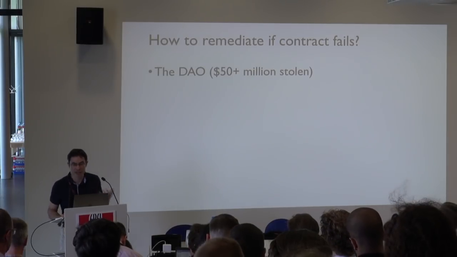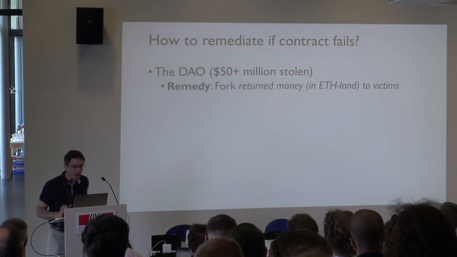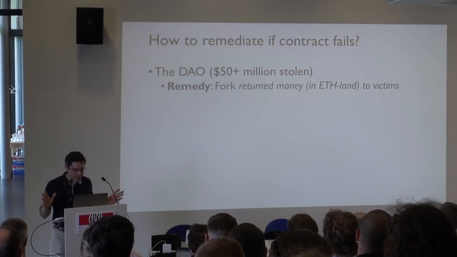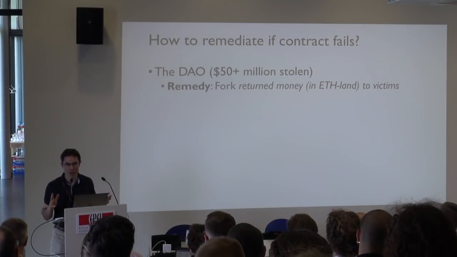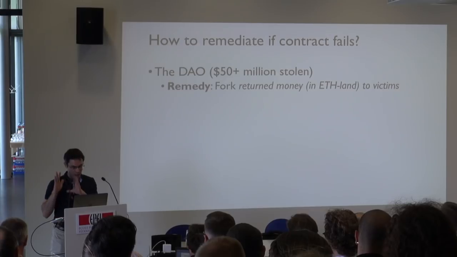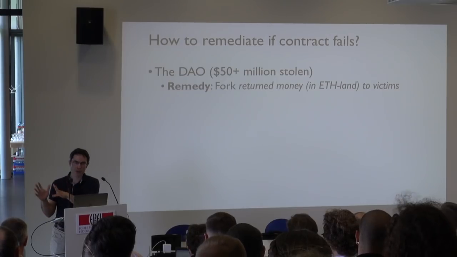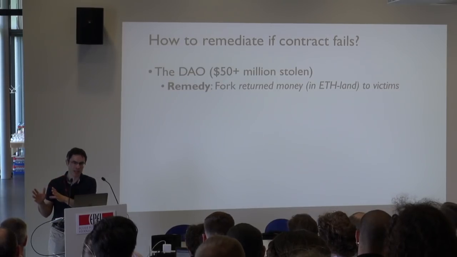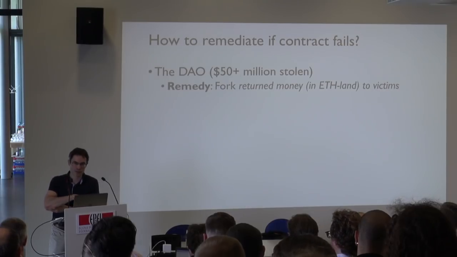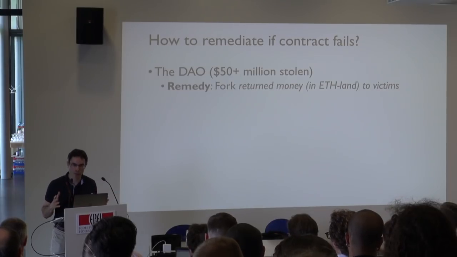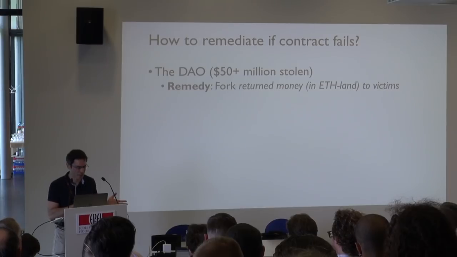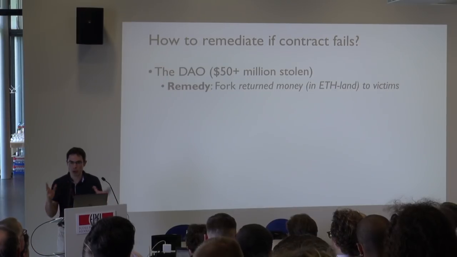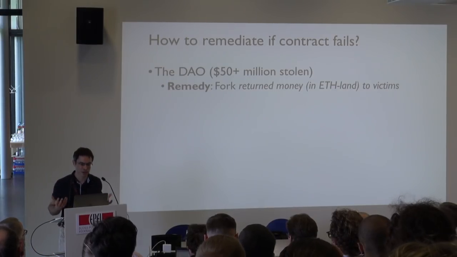What happened after the DAO hack? Well, a very contentious fork occurred in which, on one branch of the fork, the hack was remediated. Money was returned to the users. There was another smaller fork in which the attacker got to keep the funds, but the majority of the value was returned to the victims.